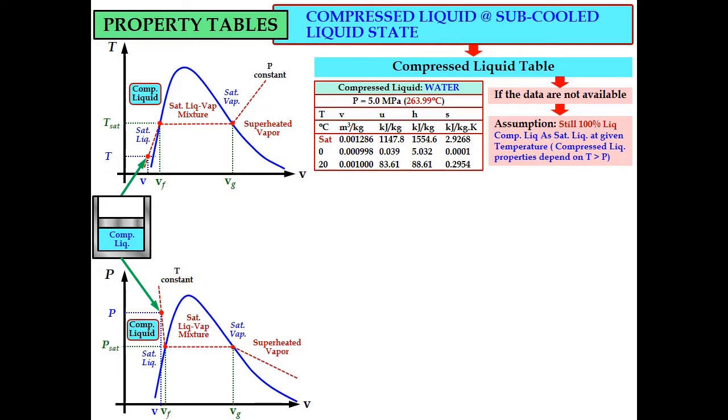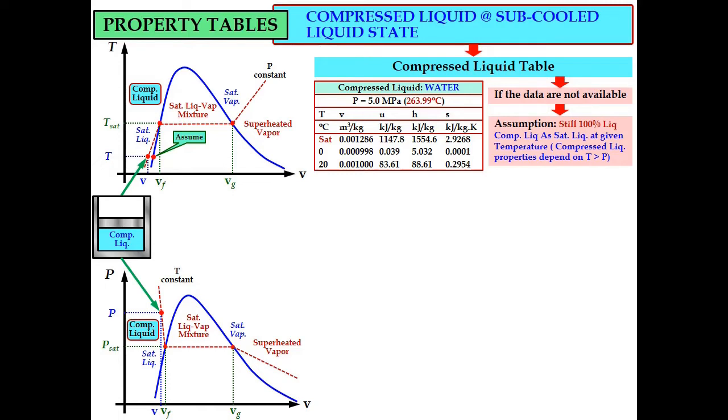So the closest assumption is that we can treat the compressed liquid as saturated liquid, because for the saturated liquid state the phase is still 100% liquid, which is almost similar to the phase of the compressed liquid. But we need to refer to the given temperature, because the compressed liquid properties depend more on temperature compared to pressure. So when we make the assumption, we need to base it on the temperature in order to obtain the assumed value for the compressed liquid.